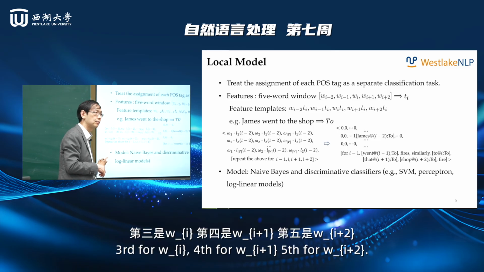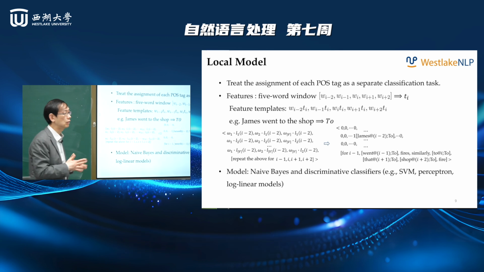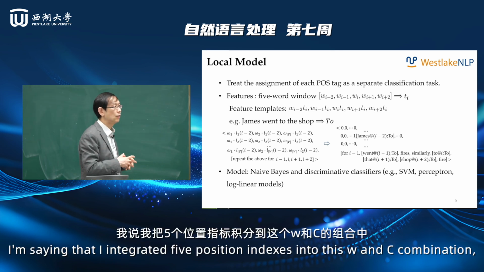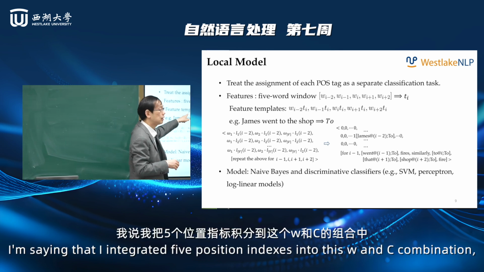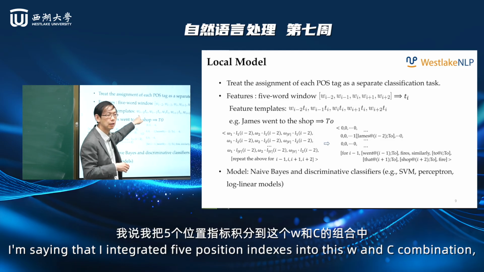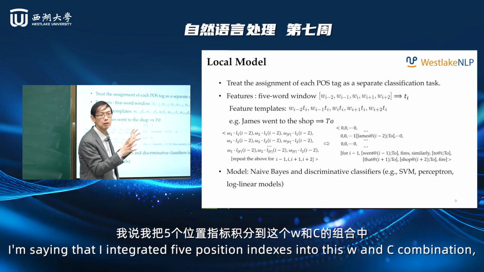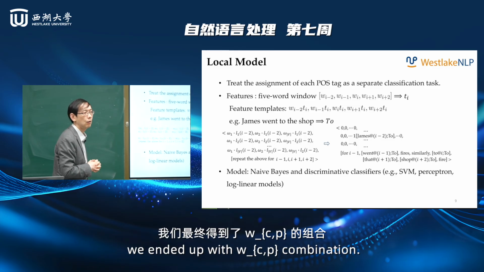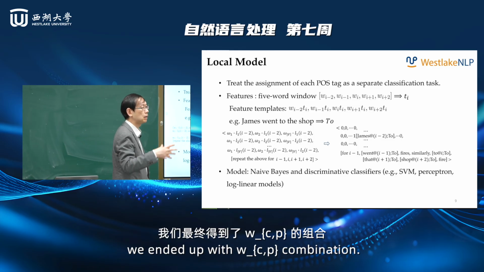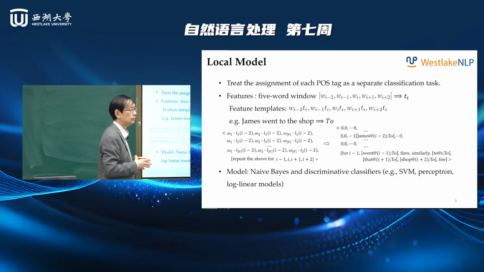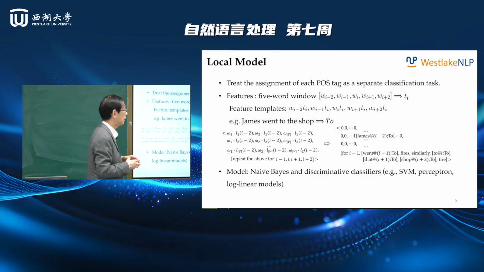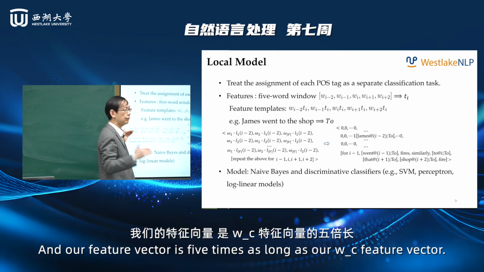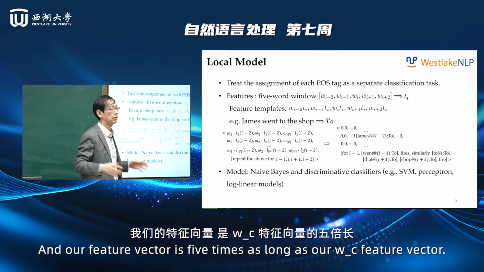Fourth for W_{i+1}. Fifth for W_{i+2}. So I'm saying that I integrated 5 position indexes into this W and C combination. Now we ended up with a WCP combination, and our feature vector is 5 times as long as our WC feature vector.